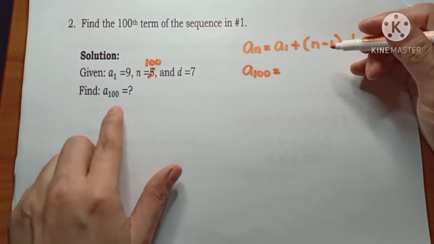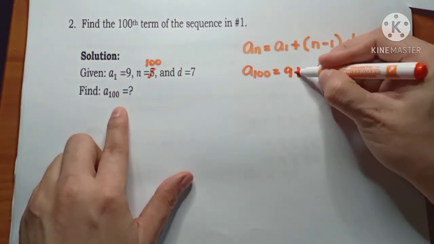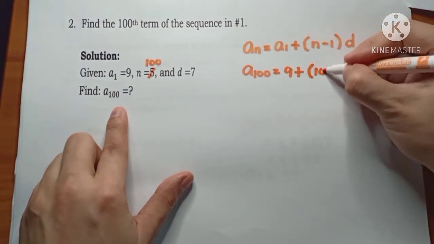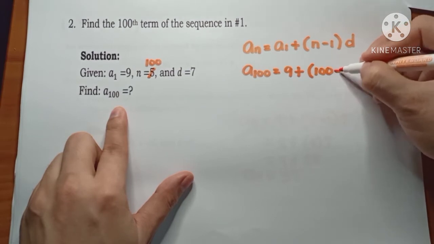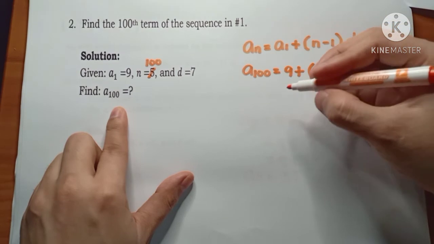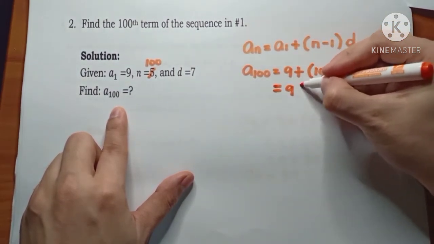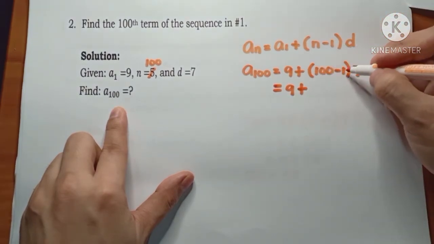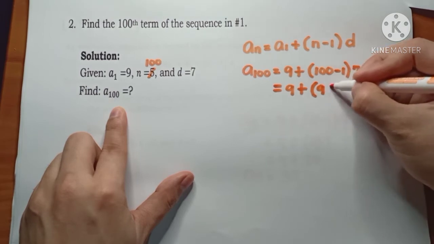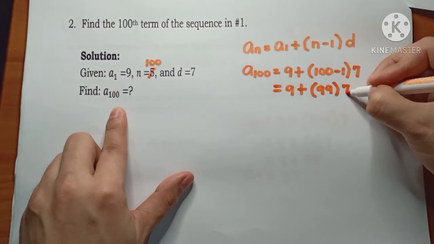So therefore, ang first term natin is 9 plus ang ating n is 100. So that is 100 minus 1 times the common difference 7. So equal to 9 plus 100 minus 1 is 99 times 7.